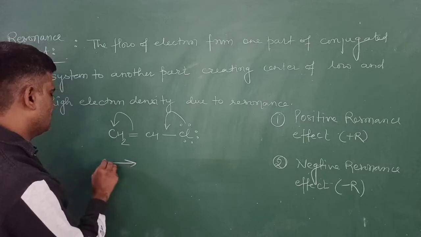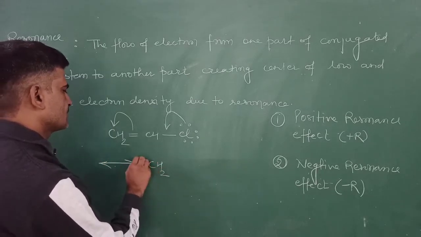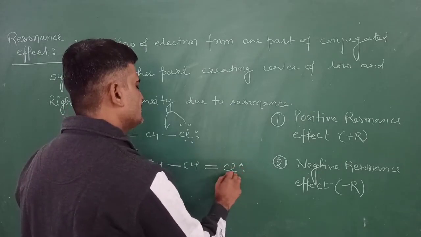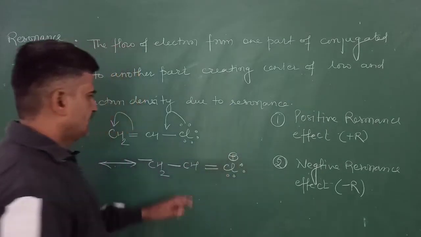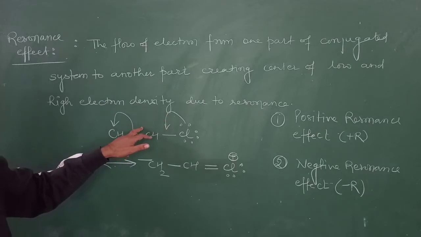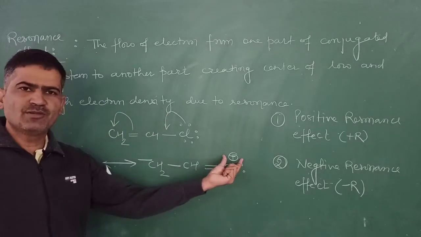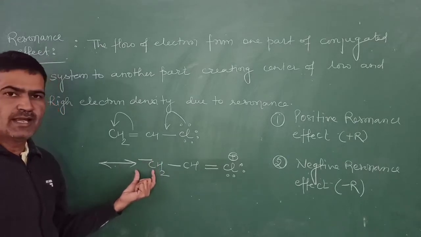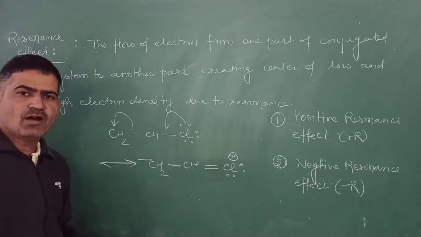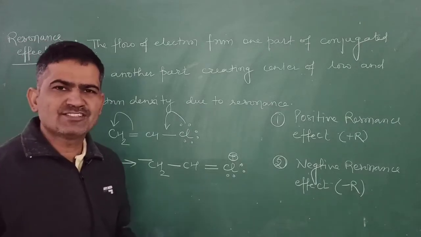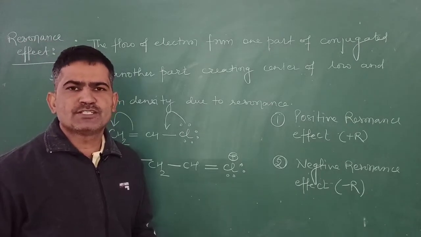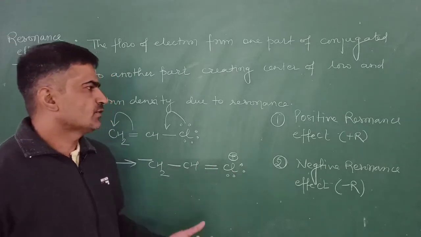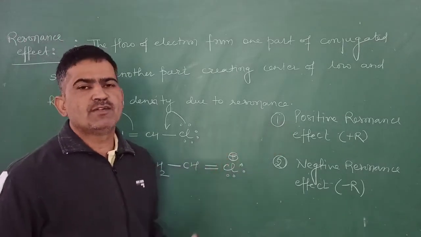Its next resonance structure is this, due to which a positive charge appears on chlorine and a negative charge appears on this carbon atom. This phenomenon of creating low and high electron density centers within the conjugated system due to the presence of an electron donating group is called the positive resonance effect.